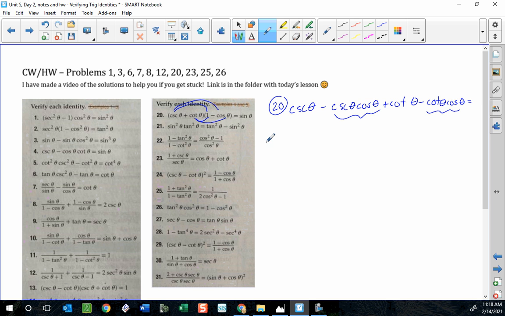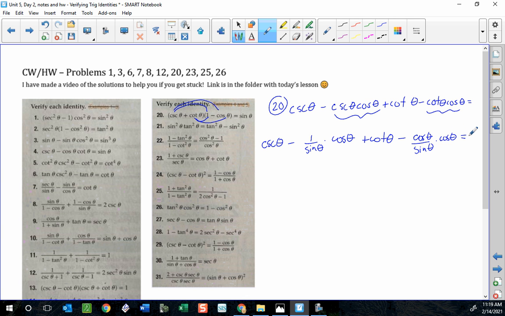I got cosecant minus, cosecant is 1 over sine, times cosine. That doesn't really help me that much. I got plus cotangent minus this guy right here. Cotangent is cosine over sine, and then I have times cosine.